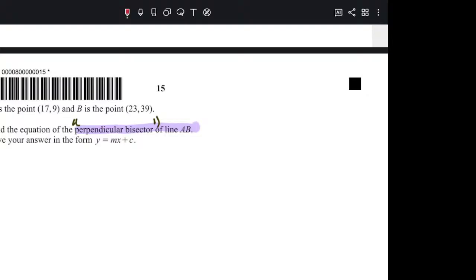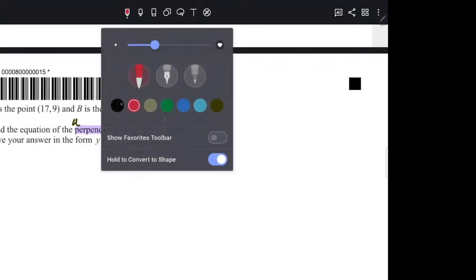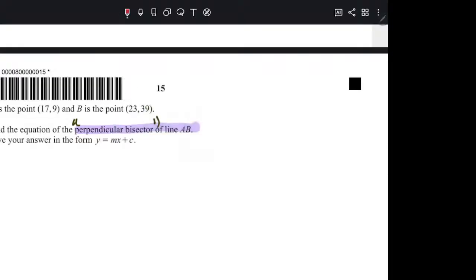So here we have A. They'll give you these 2 points. Once you get them in and you see the words perpendicular bisector, here's what I want you to do.